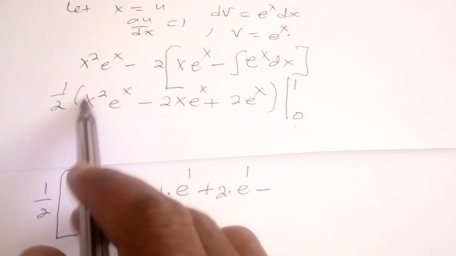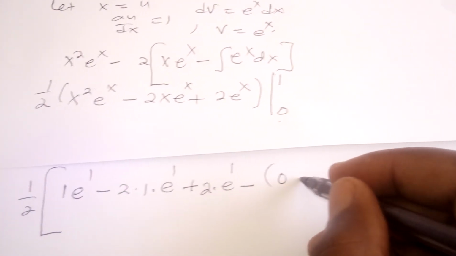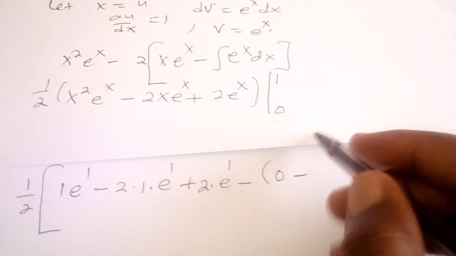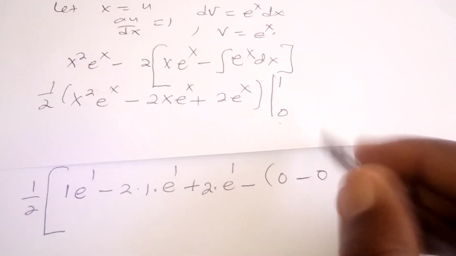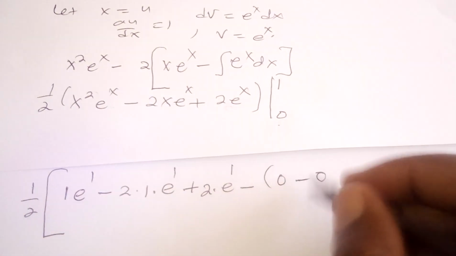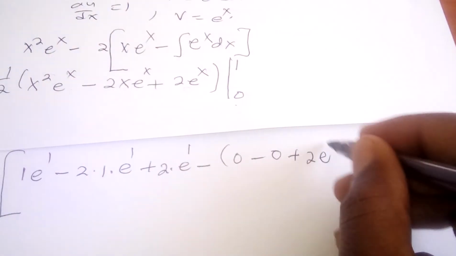When you put a 0 here, this one will reduce to 0 because we have a parenthesis there, minus 0 because that becomes a 0. Then here we will have plus 2 e to power 0, right?